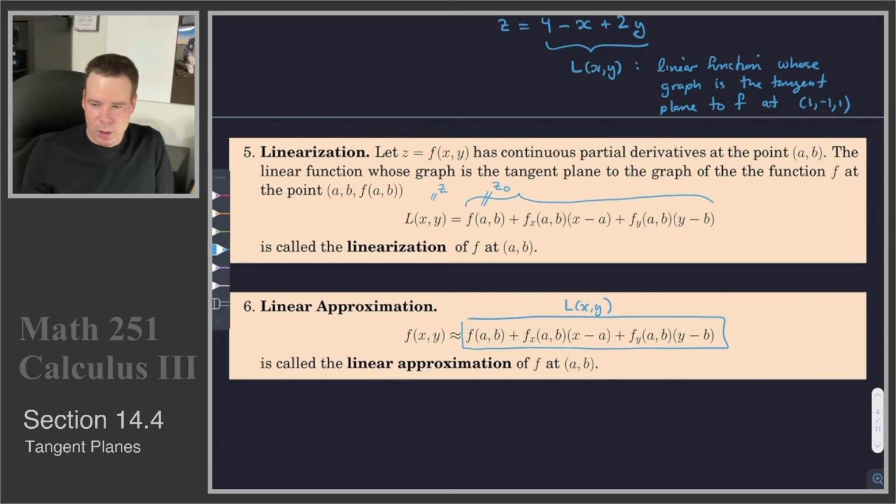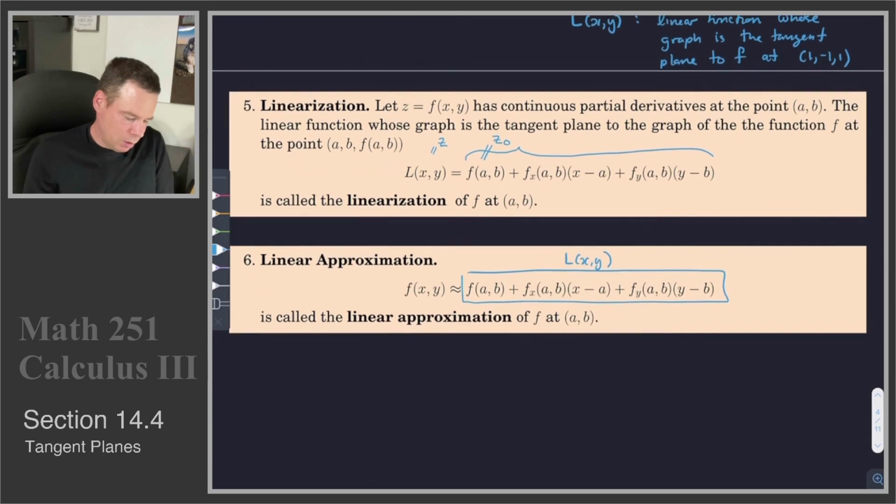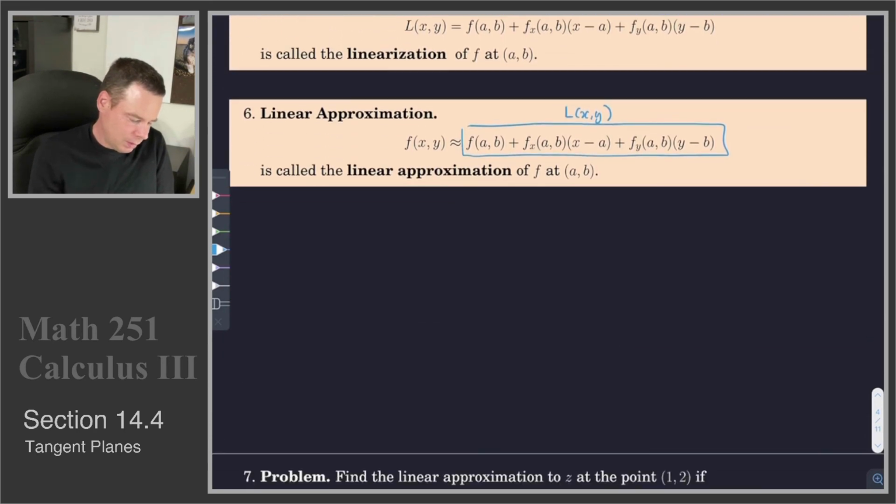For x and y near a and b, if I plug those values into the function L, the values that come out are pretty close to the values of the function evaluated at the same x and y. So the values coming out of this linear function are close to the function values of f. This is the technique of linear approximation, using a linear object to approximate something that could be more complicated. Let's see an example of this.